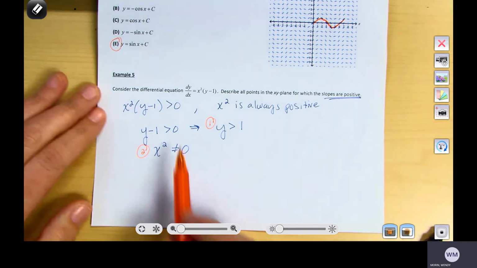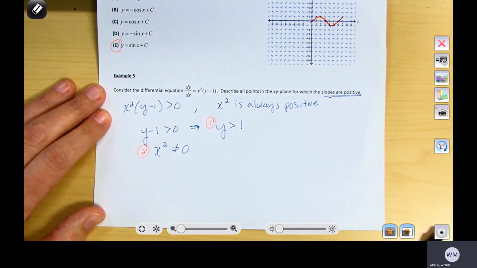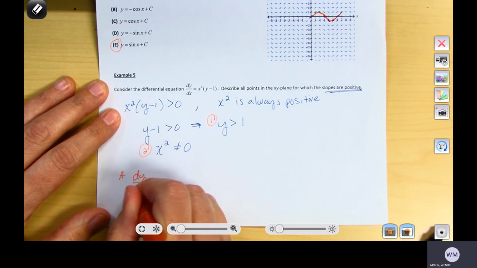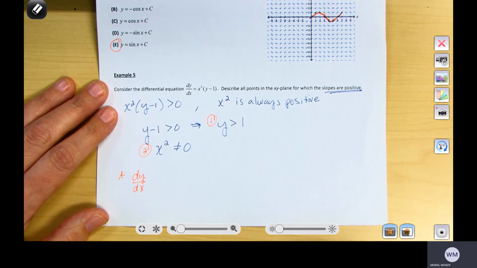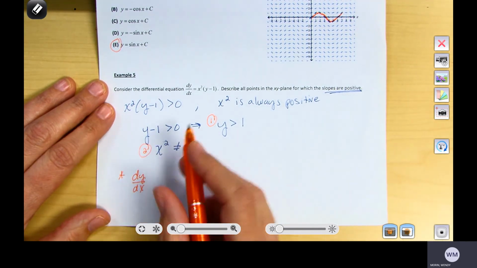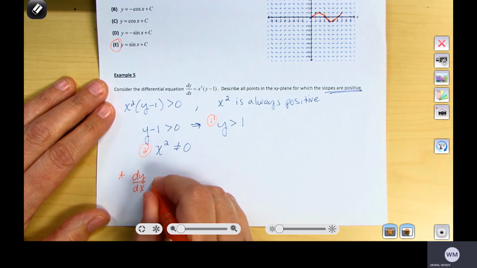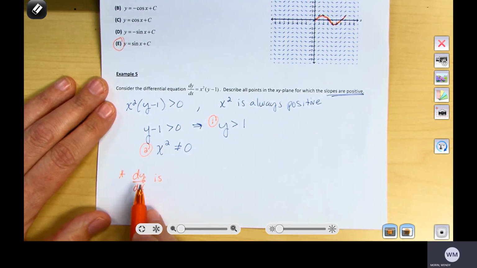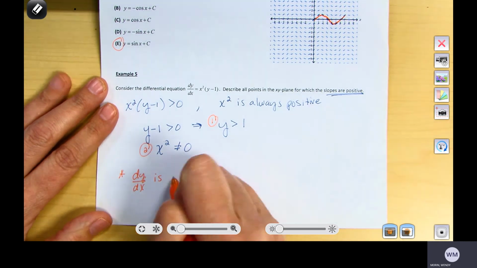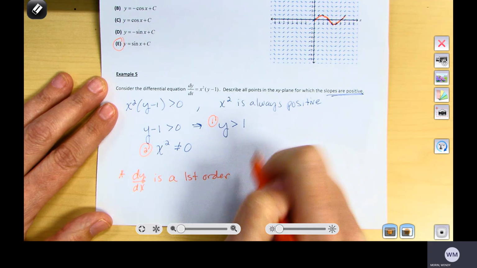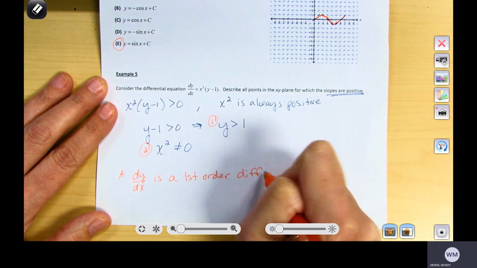So again, what are these differential equations? Just think of this. What is dy dx? Well, that's a derivative, right? dy dx. That is called a differential equation. That's a first order differential equation, because that's the first derivative. So dy dx is a first order differential equation.